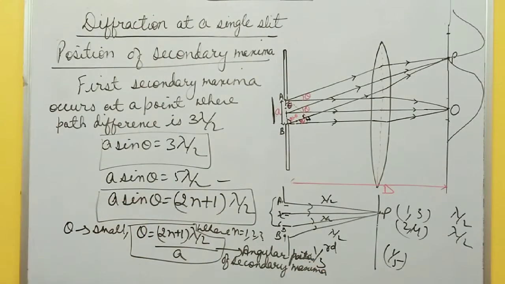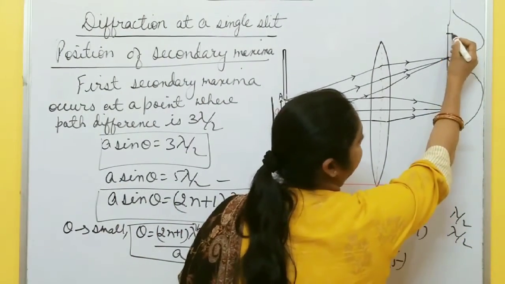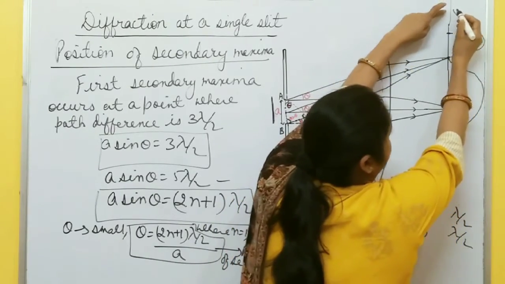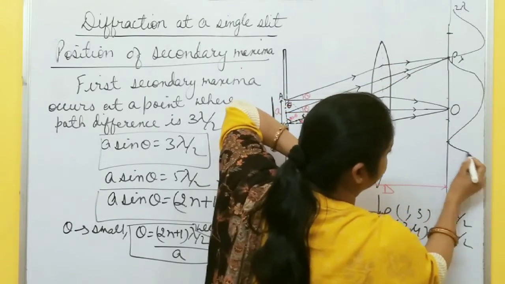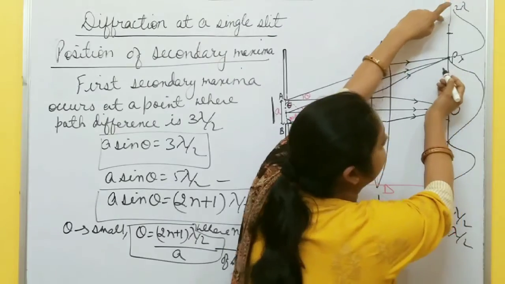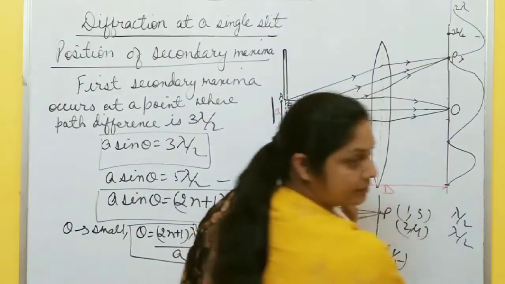So in this way, we find the condition for maxima and minima. First secondary maxima is formed at this point. This one is lambda, second minima at 2 lambda. This one is again lambda, and this one is again 2 lambda. And between these, at 3 lambda by 2, the first secondary maxima is formed.